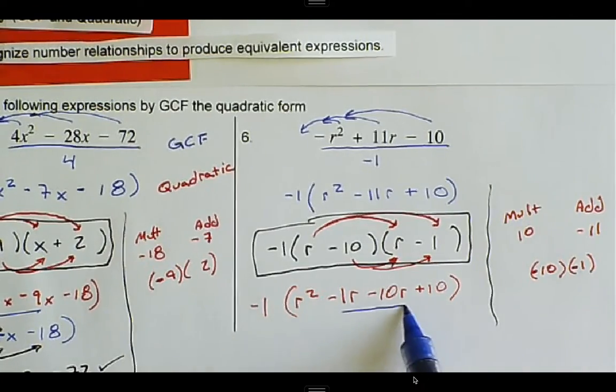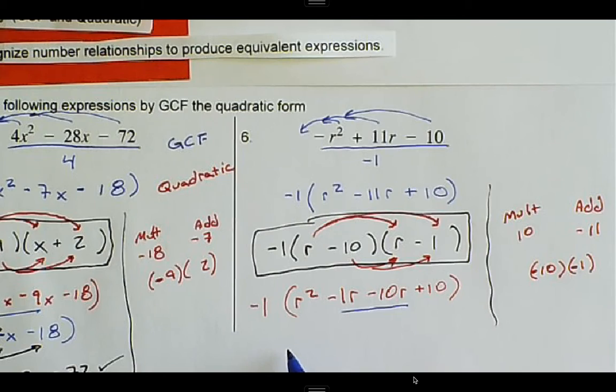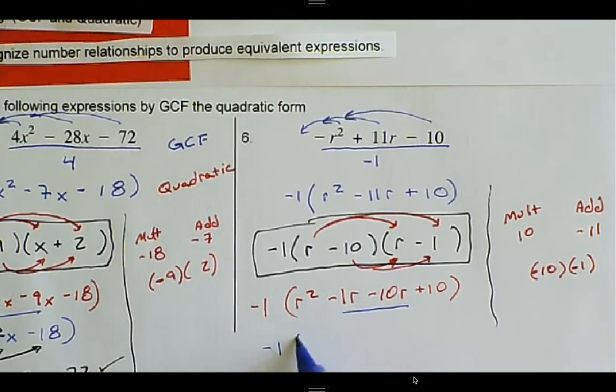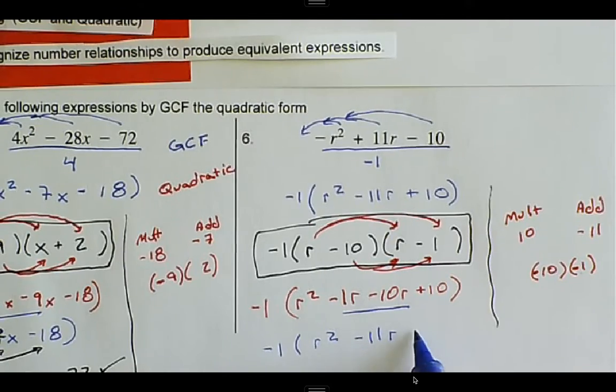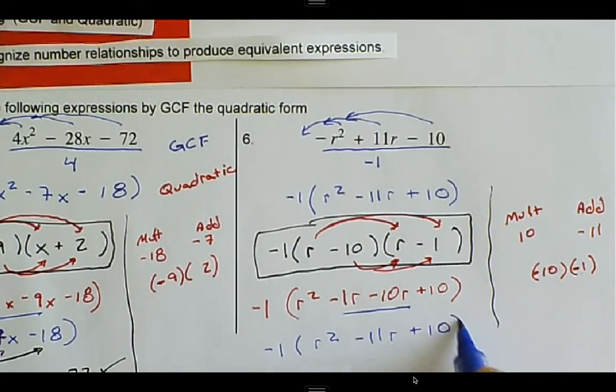Then we can combine like terms. So we get negative 1 times r squared, negative 1r minus 10r is negative 11r, and plus 10.